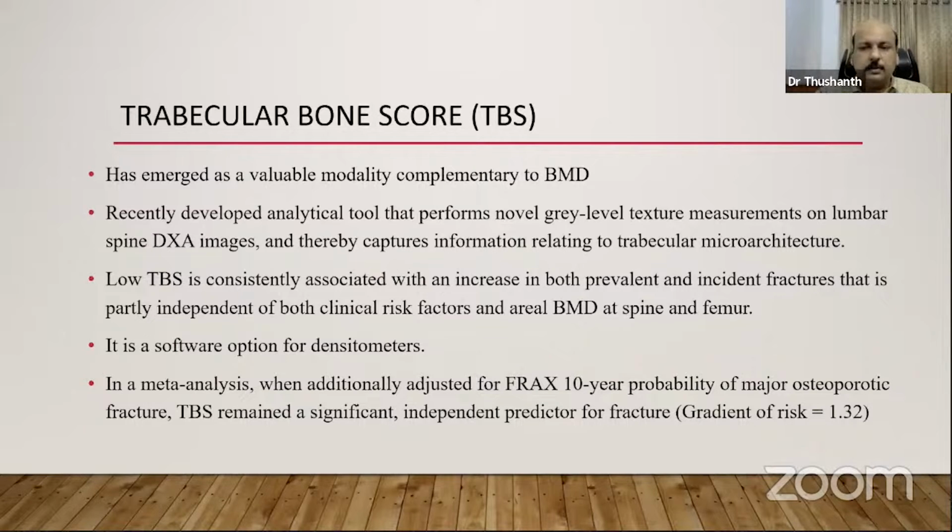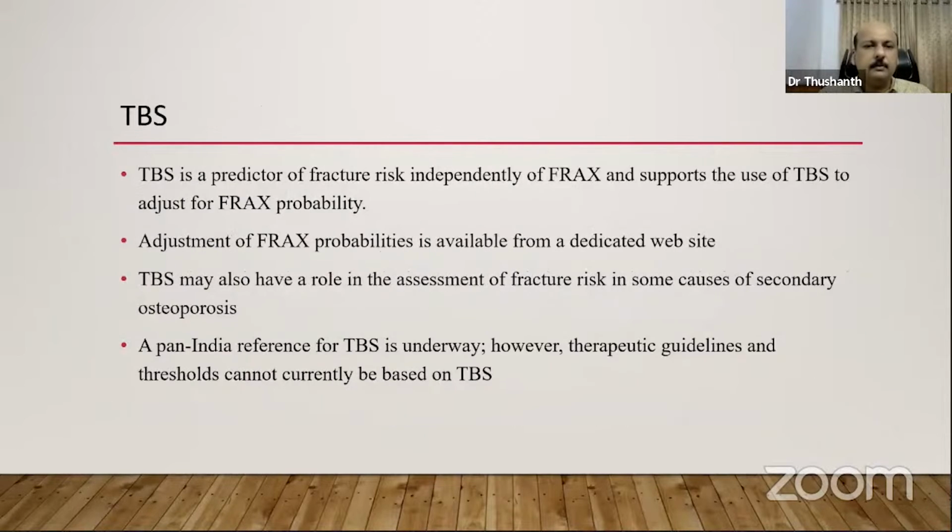It has been found to have a very good predictive value for a 10-year probability of major osteoporotic fracture. Independent of the BMD score, it has an independent predictive value. But we are still awaiting its widespread use, basically in the initial stages, but promising data is available regarding its usage in fracture prediction.